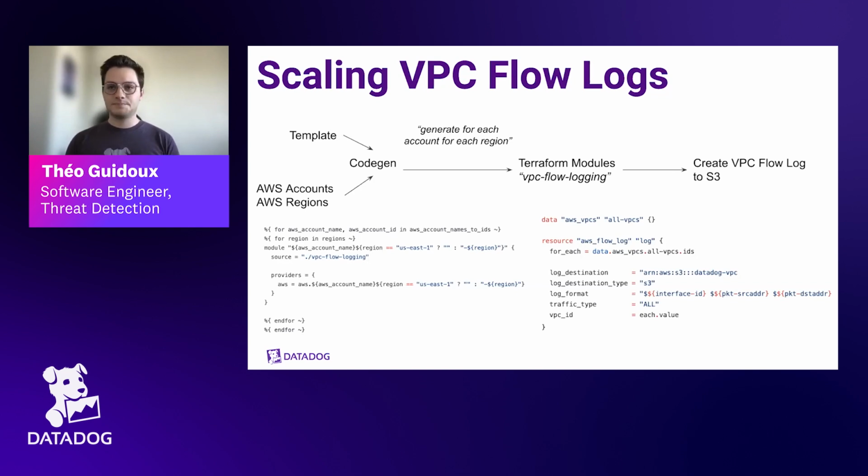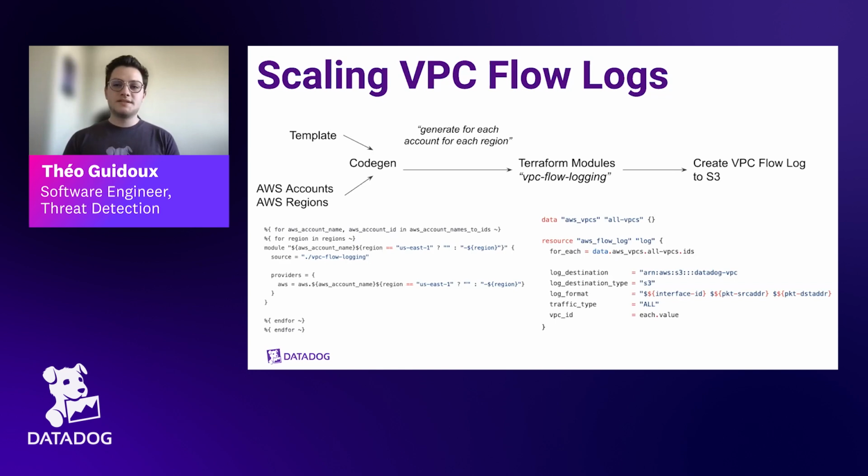The template, as we can see here, is a Terraform module, which can be seen as a Terraform function. This module is named VPC Flow Logging and lists all VPCs in the given AWS account and region, and basically defines a sink, in that case S3, and other information like filters, log format, traffic type, etc.